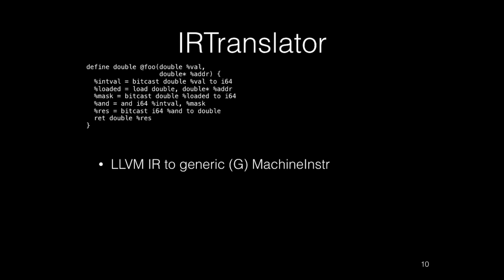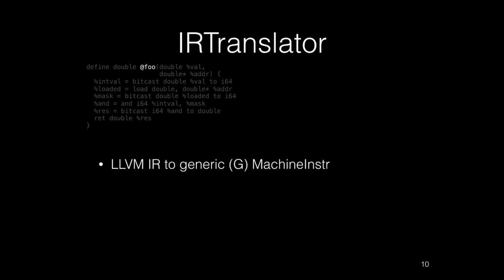So let's see how this translation would work step by step. We start with the function, and we create a machine function out of it. Then come the arguments of the function. At this point, this is the ABI boundary. Let's say for now that we don't care about ABI boundaries, and we just have two definitions of virtual registers that are available.